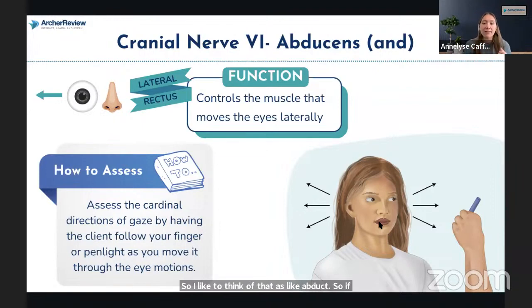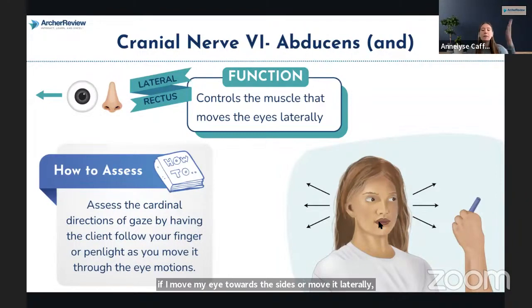So this is me abducting my arm. I'm moving my arm away from my body. I abducted it. Abducting the eye would be moving the eye laterally. So you're moving it away from the body. So if I look at the camera here, hopefully you guys can see this. If I move my eye towards the sides or move it laterally, that is going to be cranial nerve 6.